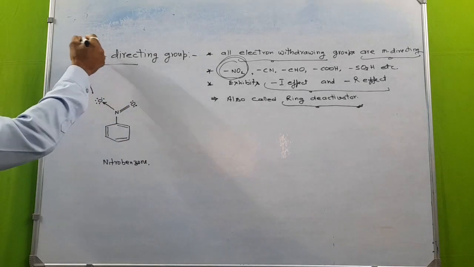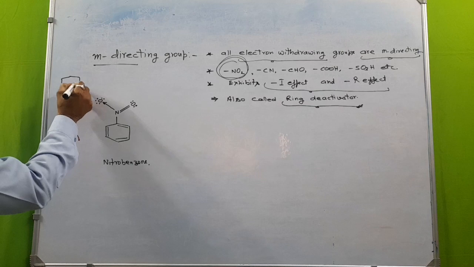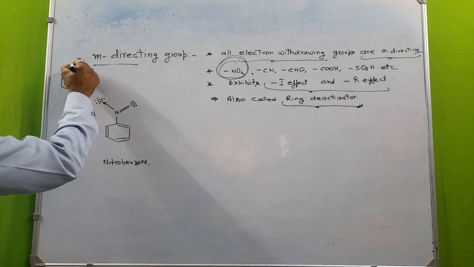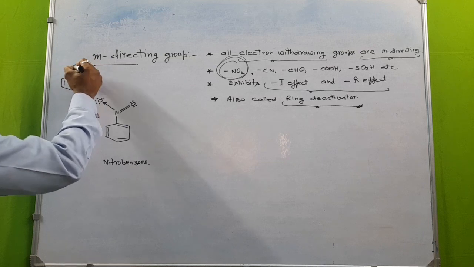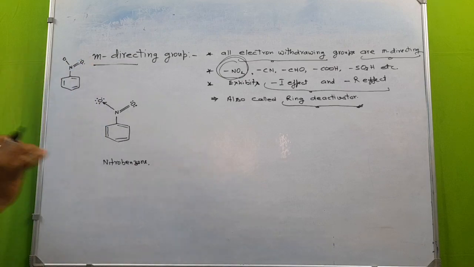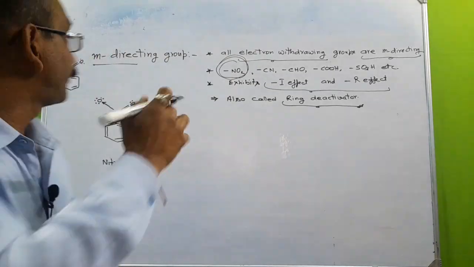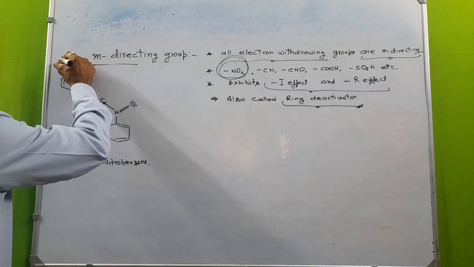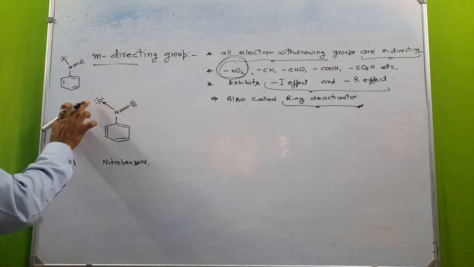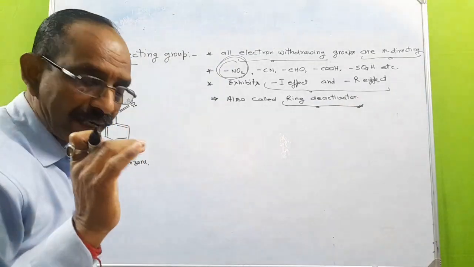So this structure of nitrobenzene can also be written in this way, N double bond O, and here we may denote the coordinate bond like a normal covalent bond. The only difference is that here the oxygen atom has 6 electrons; in this coordinate bond the oxygen atom is the acceptor, while the nitrogen atom is the donor.